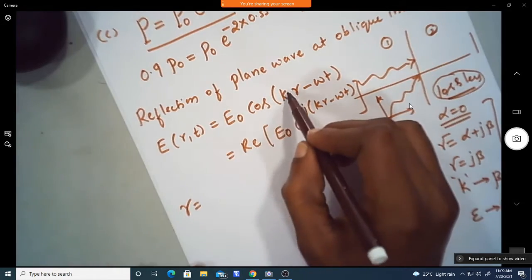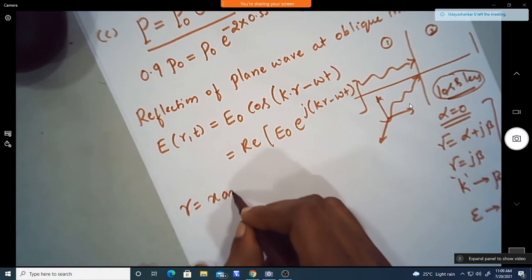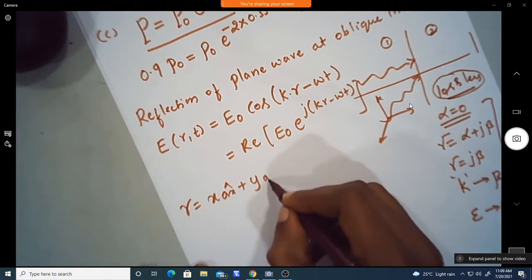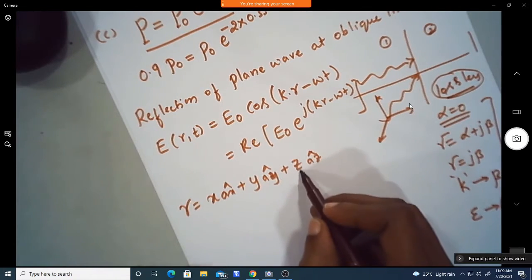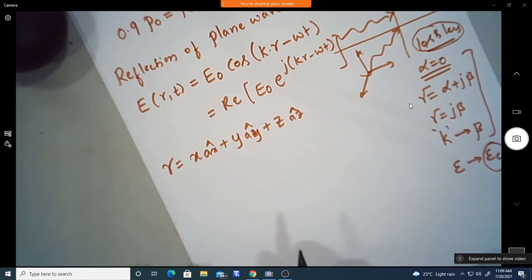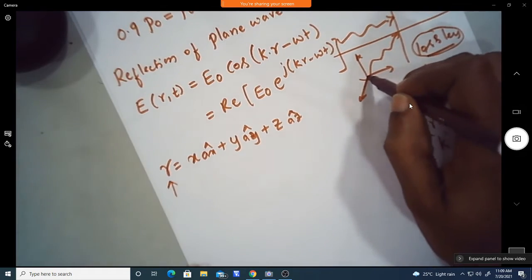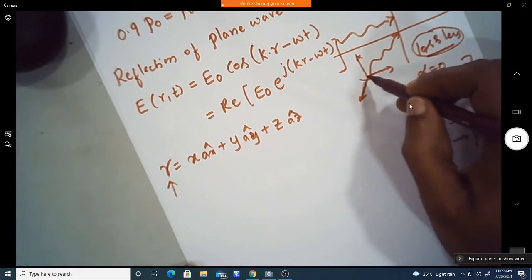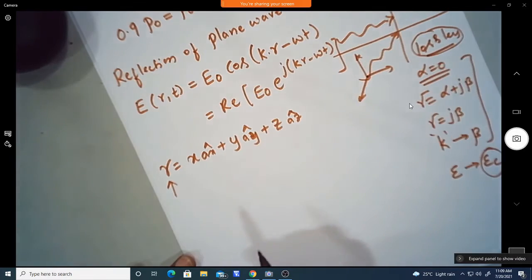So that is why the r vector has all the components, that is x ax plus y ay plus z az. So at some particular value of x, y, z it will be there. Okay, so this r is the position vector, where we take the wave position at a particular instant of time. At that point, what are all the x, y, z values?